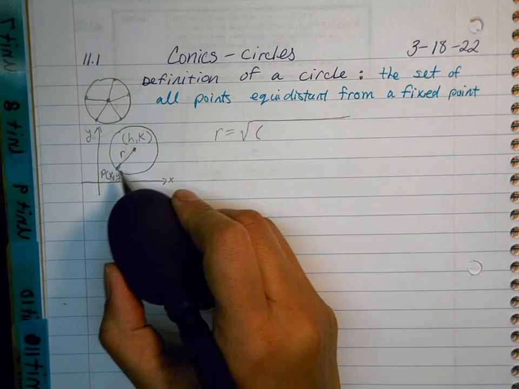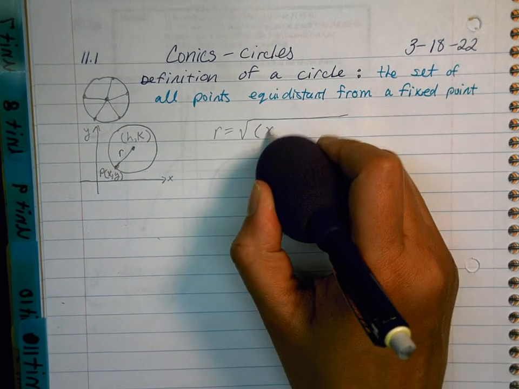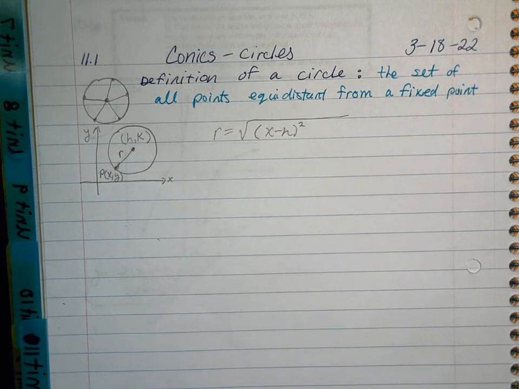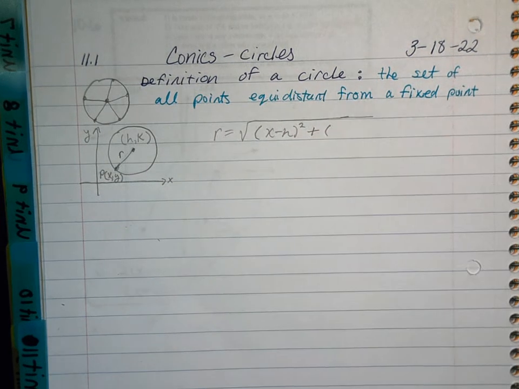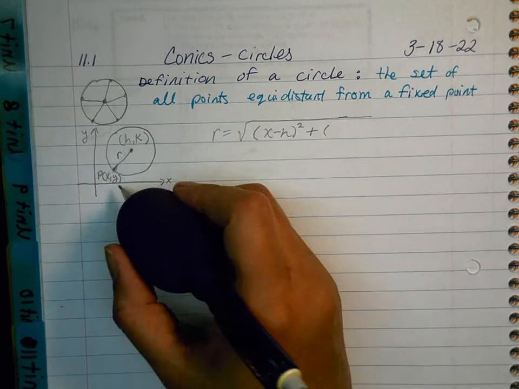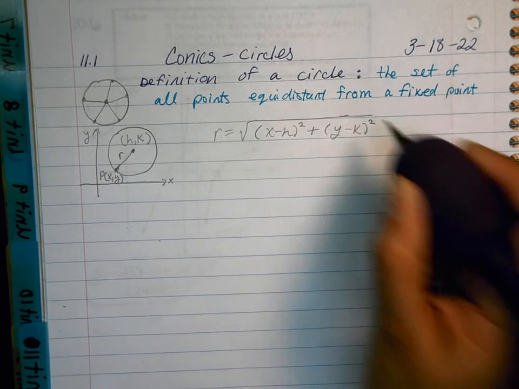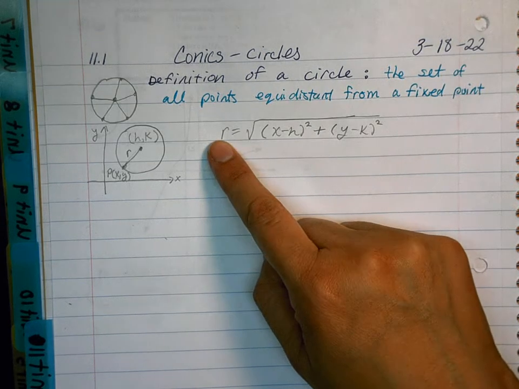Subtract the x values. X minus h, those are my 2 x values. It's quantity squared. Plus, and then I do the same thing to the y coordinates. Y minus k, and it's quantity squared.